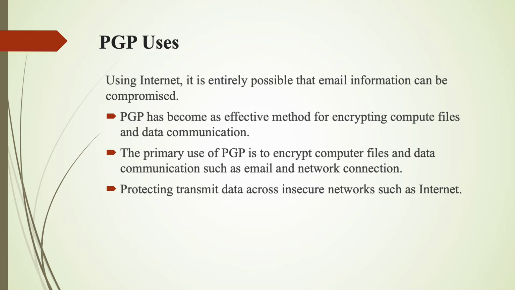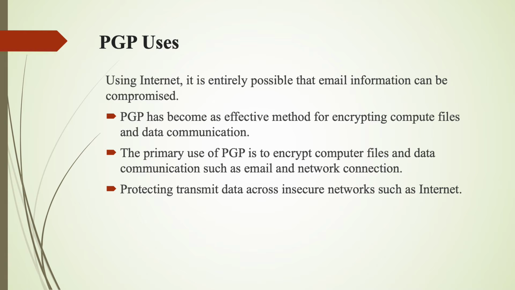What can PGP do? Using the Internet, it is entirely possible that email information can be compressed. PGP has become an effective method for encrypting computer files and data communication. The primary use of PGP is to encrypt computer files and data communication, such as email and network connections.